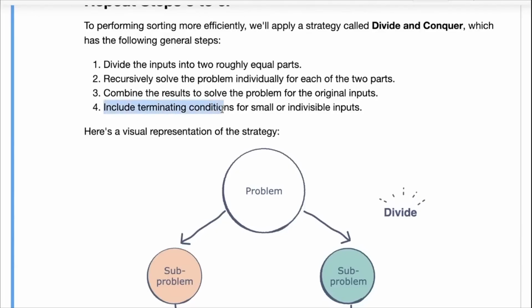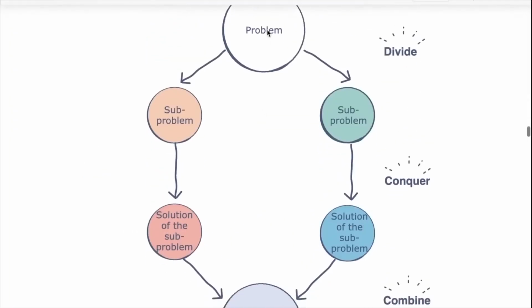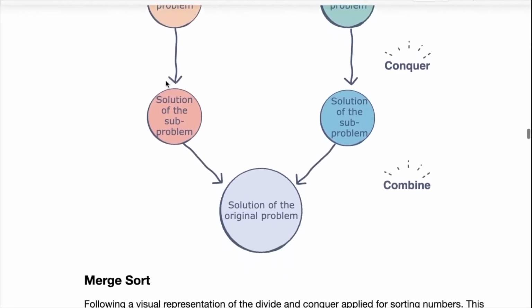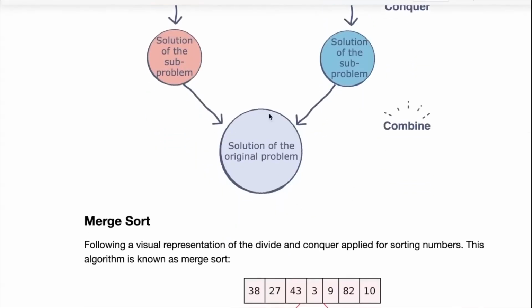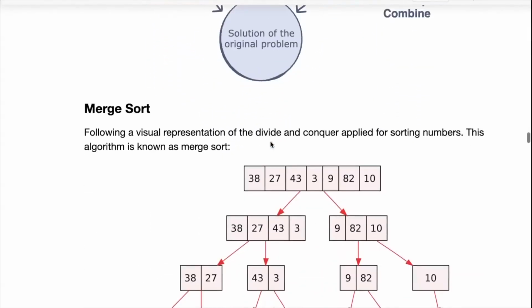So you include terminating conditions for small or indivisible inputs, and that's where the recursion stops. So that's divide and conquer. You take the problem, divide it into two sub-problems, recursively solve the sub-problems, get the solutions, and then combine them. You can also call it divide, conquer, combine in some sense.